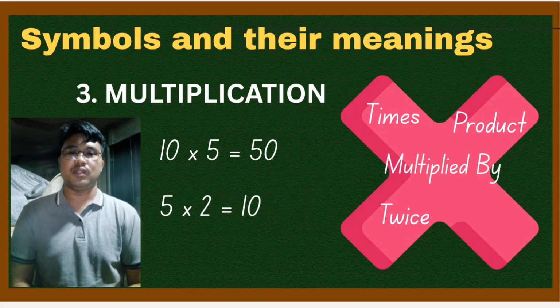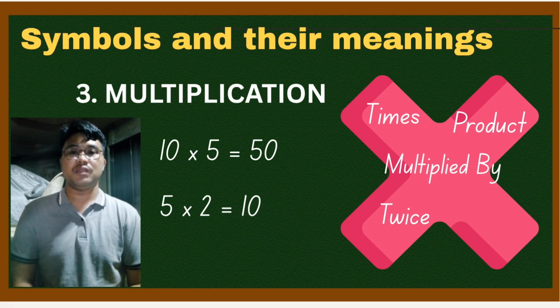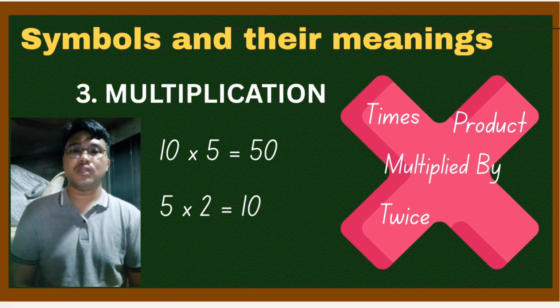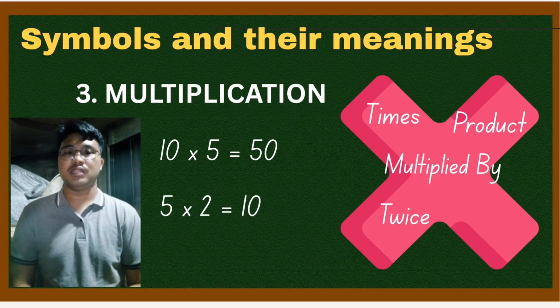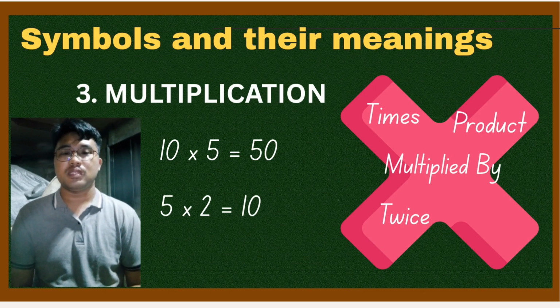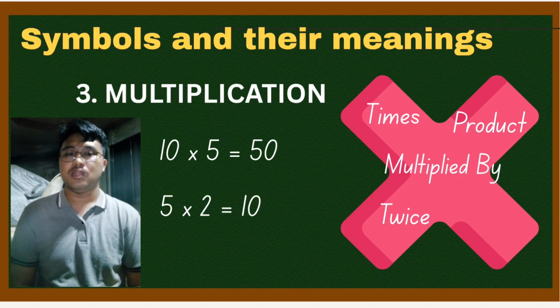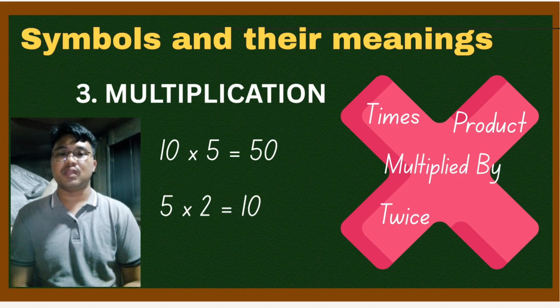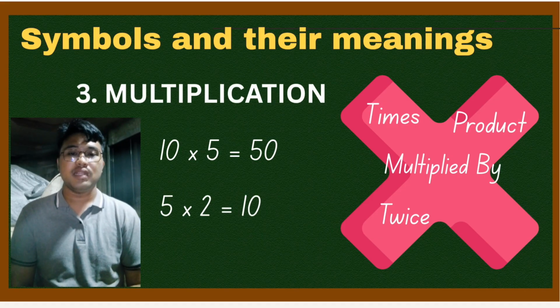So the next symbol is the multiplication. The multiplication symbol is used when we need to find the total of equal groups or when we add the same number repeatedly. It tells us how many times a number is being taken or added. So for example, 10 times 5 is equals to 50, means 10 is taken 5 times.